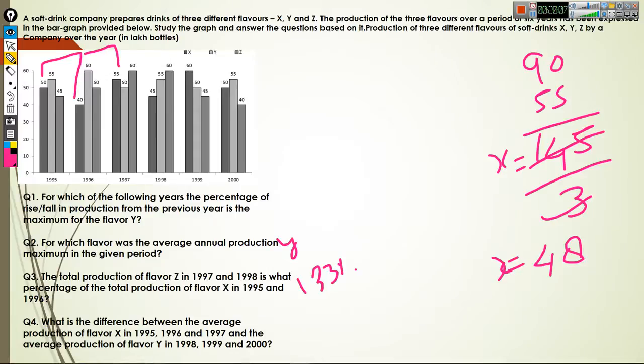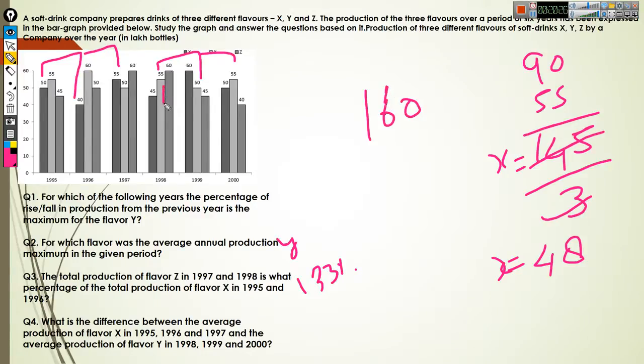And the average production of flavor Y in 1998, 1999 and 2000: 55, 50 and 55. So 55 plus 55 is 110, and plus 50 is 160.